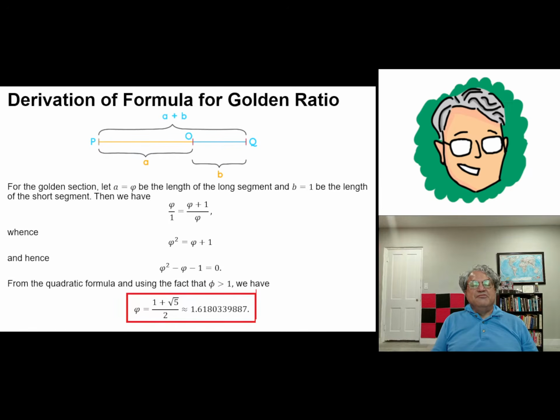So the only positive root is 1 plus the square root of 5 over 2. You can calculate this as accurately as you want. It's very easy to calculate square roots. I wrote down the first 10 decimal places here: 1.61803398887. And of course, it goes on forever.